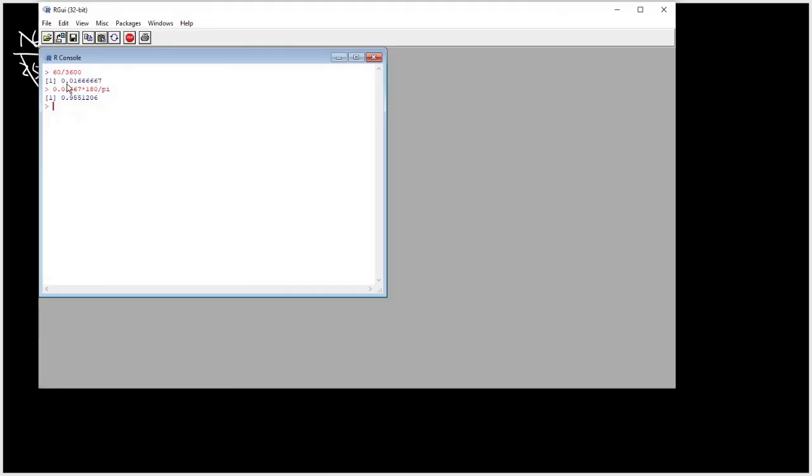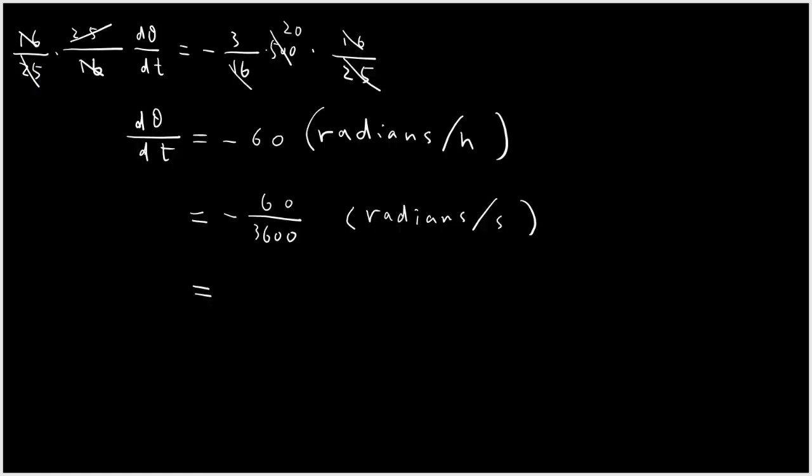The answer is negative 0.0167 if we round the number to 4 decimal places. I will specify how many decimal places I want for any assignment questions or the final questions. Now the unit is in radians per second, right?